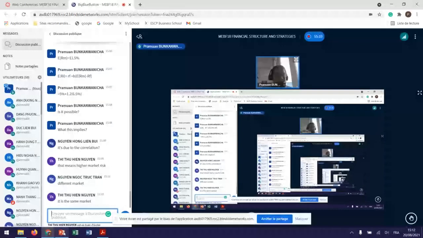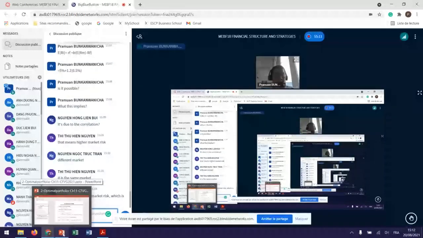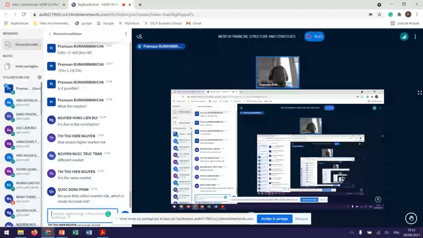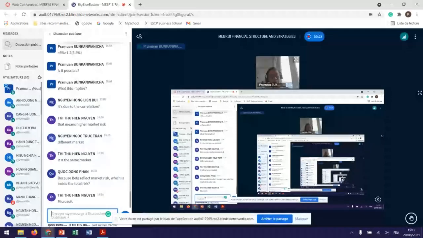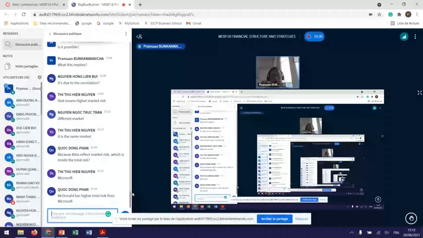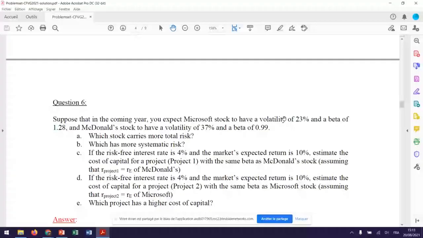Which stock has higher total risk? Microsoft? Yes or no? No. How are you going to measure the total risk? We look at the volatility.